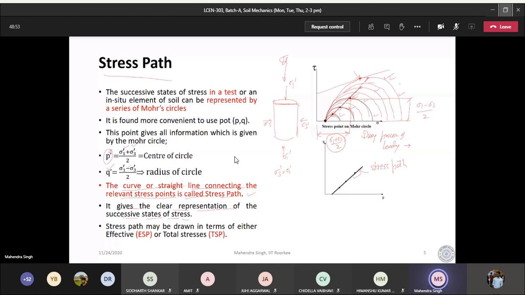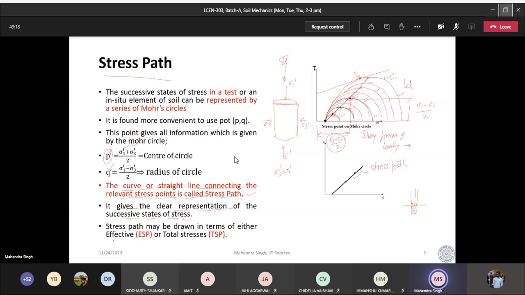Here we are talking about the lab test, but the same thing can happen in the field. In the field, suppose this is the soil sample and you apply some load here. So it has been consolidated and then now load has been applied. So you can draw this stress path, how it has traversed.